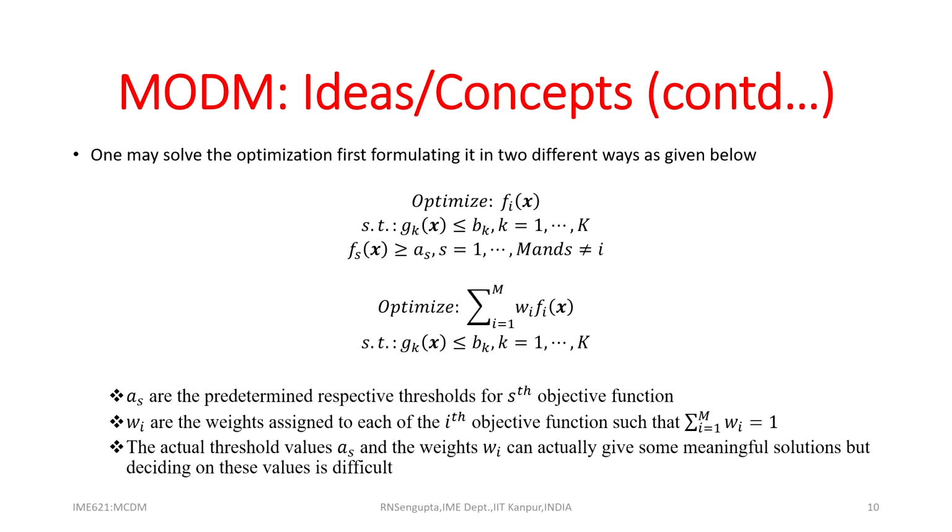Now, one may solve these types of problems in a variety of ways. One of the simple ways to solve this problem would be to consider them individually as single objective functions, and once you solve the single objective functions, you know what the maxima or the minima is for each of these objectives.